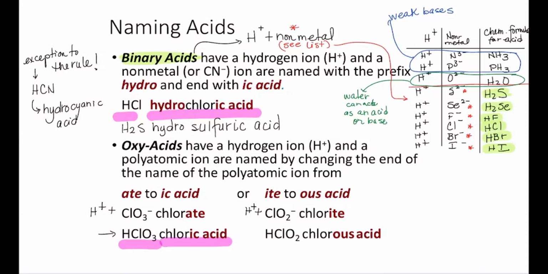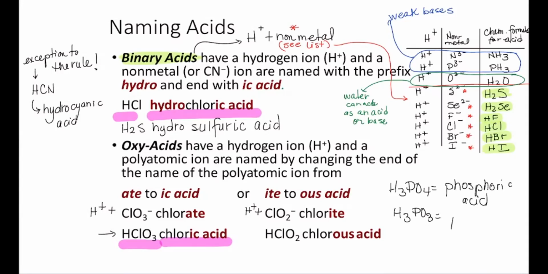So for phosphorus, there's only two ways to change that. Phosphoric and what's the other one? Phosphorous. So if you have H3PO4, this is phosphoric acid.